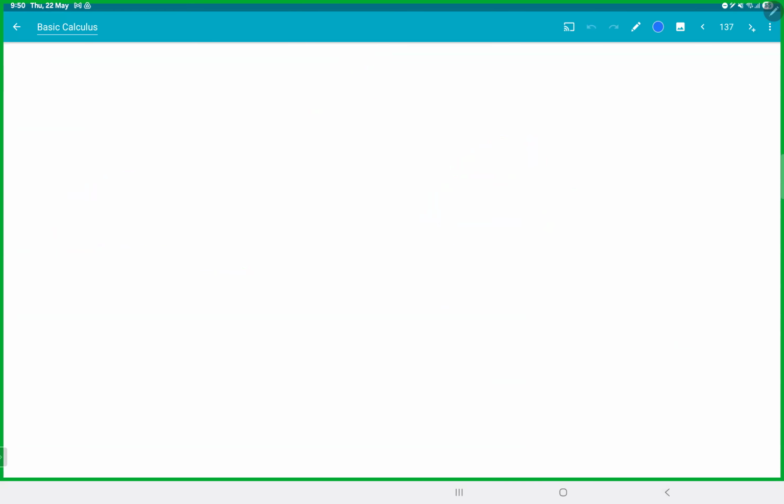Great. Next thing: integration of a vector. If I give you a vector and I have to integrate, how do I do that? Straightforward, just like differentiation.